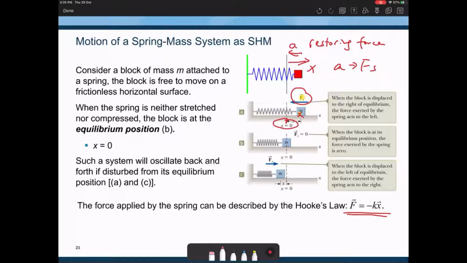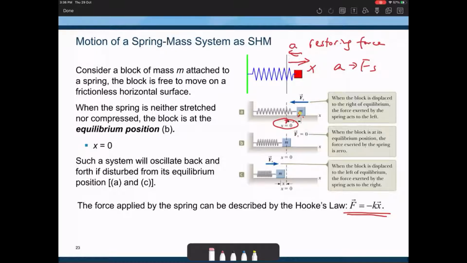At the beginning, you have the particle displaced in the positive x direction, and the restoring force is in the negative x direction. At the beginning, the particle may be at rest, but when you release it, due to the acceleration, it will start to gain velocity as well as, of course, momentum and kinetic energy.